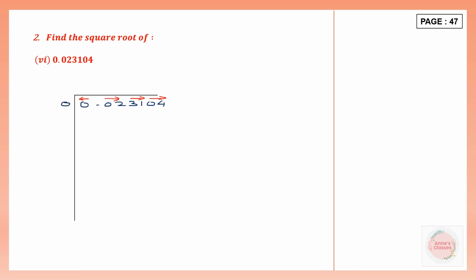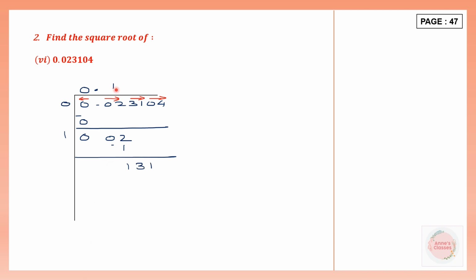So we can write that 0 minus. Okay, now carry the point up and bring down the next pair, which is 2. Now, which number, when you multiply by itself, will give you a number close to 2? 1, isn't it? 1 into 1 is 1. Minus, 2 minus 1 is 1. Now bring down the next pair, which is 31.